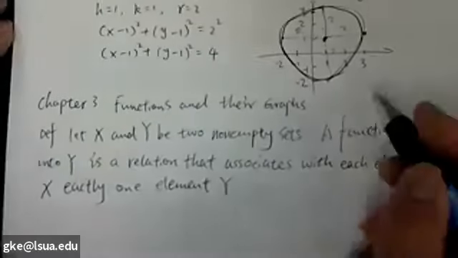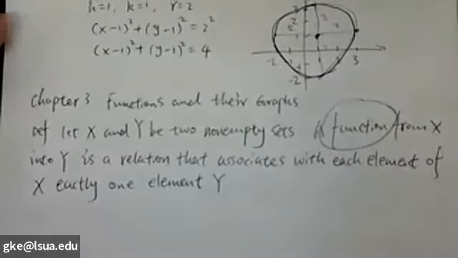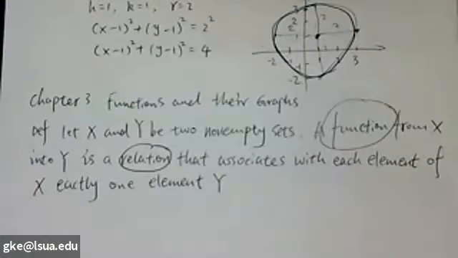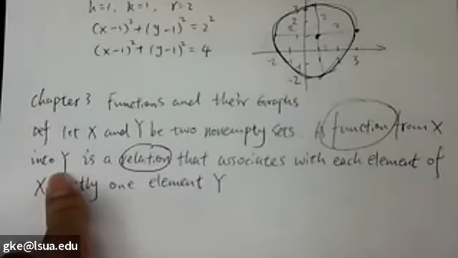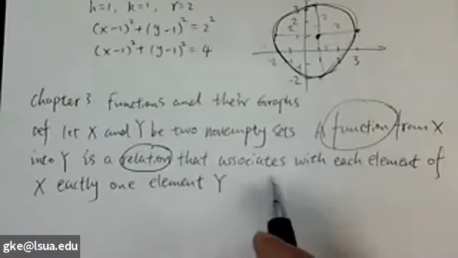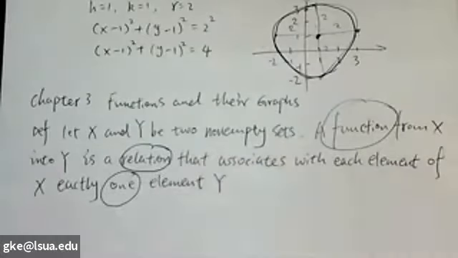In the definition of a function, the first thing we should recognize is that a function is a relation. That is a relation between the elements in x and elements in y. Then we have another keyword, that is one. What does that mean?